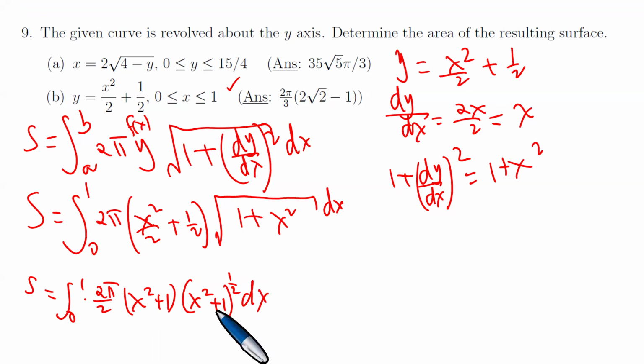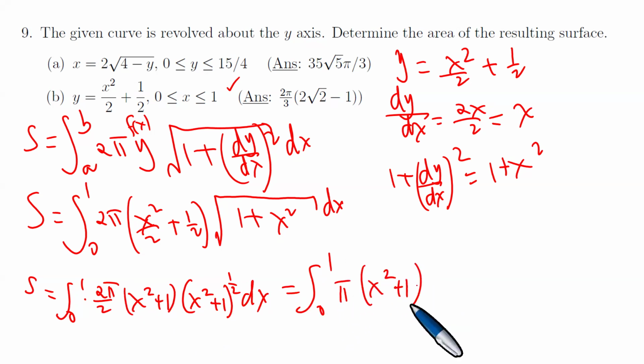Now these things have the same base. Because if you let u be this, the 2x is not going to cancel with this. So you are brainstorming on how to integrate this, but 2 pi over 2 becomes just pi. Then you have x squared plus 1 raised to 3 out of 2, dx.